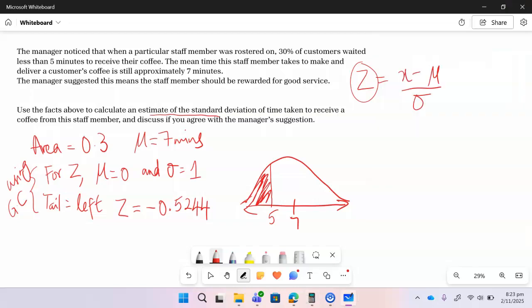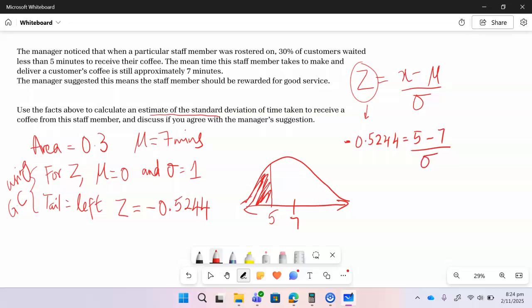Once we have that, we can just plug it into the formula. So this is now negative 0.5244, and x is 5 minutes, the mean is 7, and the standard deviation is what we don't know.